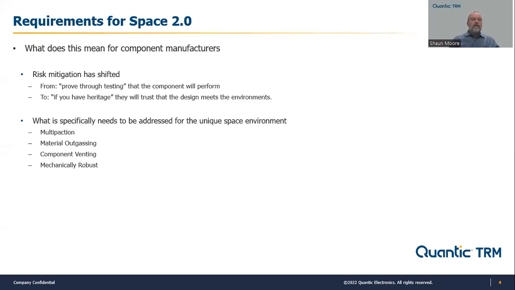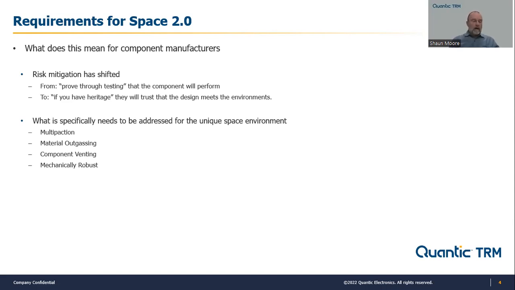So what this means here is that the mitigation of risk is shifting from a prove-it mentality, which is all of the data and all of the documentation behind it, to: okay, if you have heritage, we'll trust that a lot of those things we used to ask to prove are okay behind the scenes. In that case, they're placing a little more trust in the vendor that they're doing the right thing rather than paying for all the subjective evidence to say that yes, we are doing the right thing.